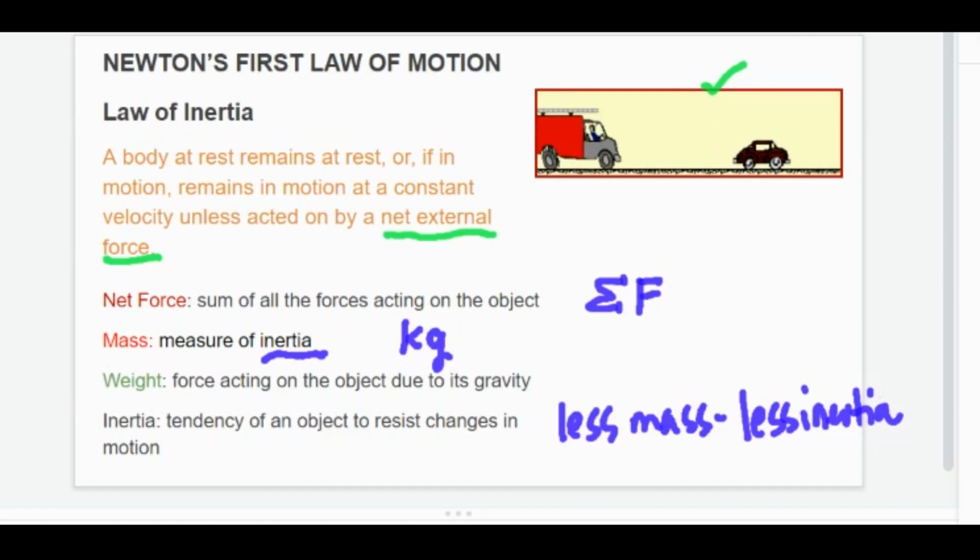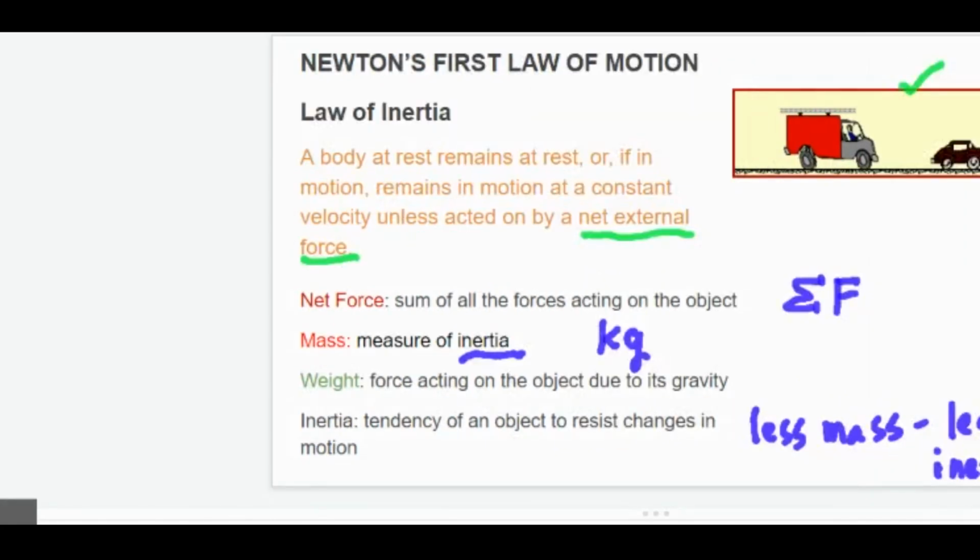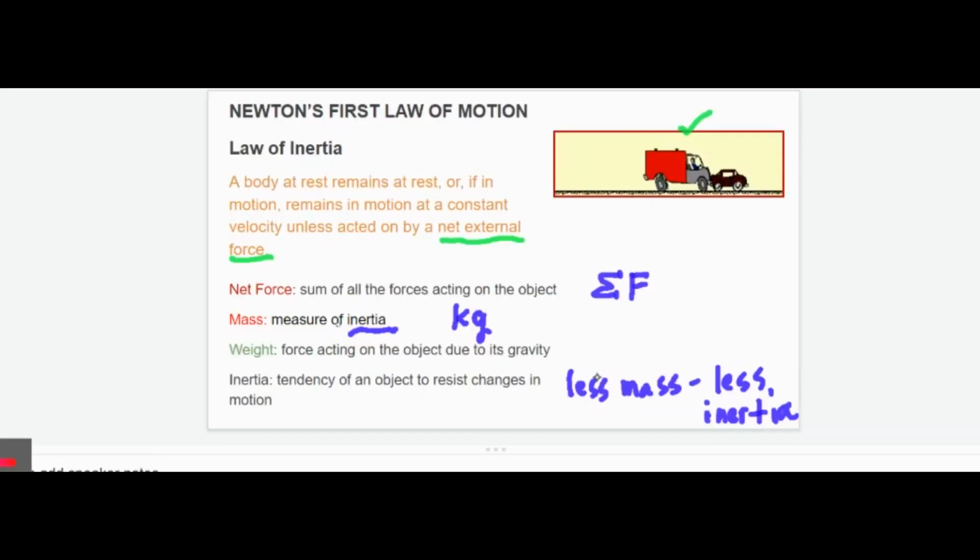All right. So more mass means more inertia. How about the difference between mass and weight? We just said mass is a measure of inertia and is measured in kilograms.